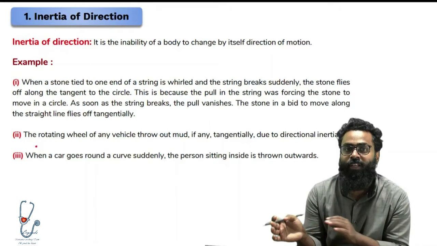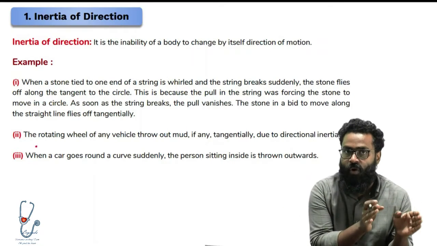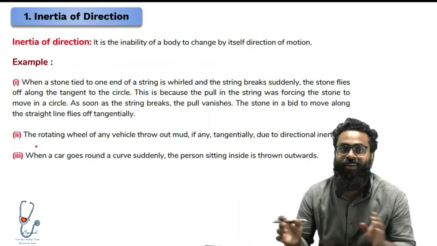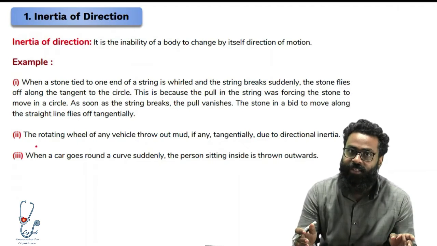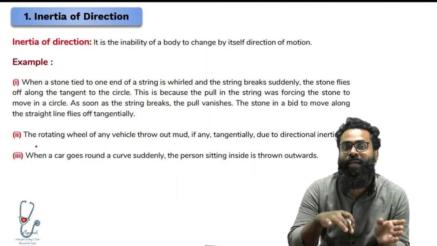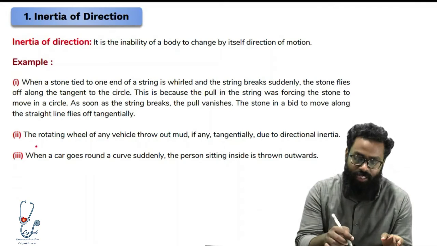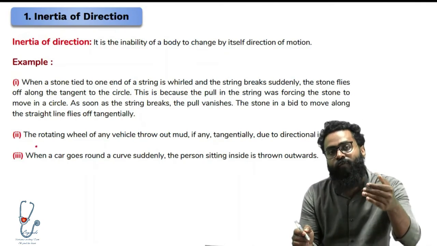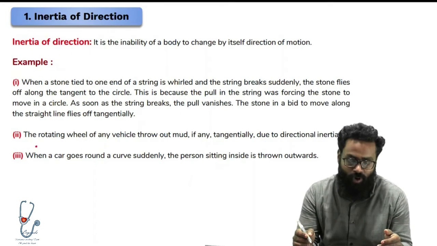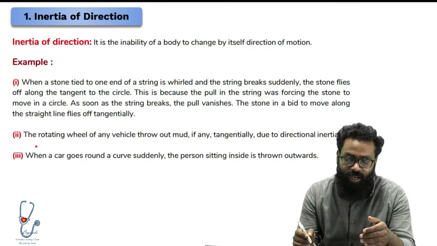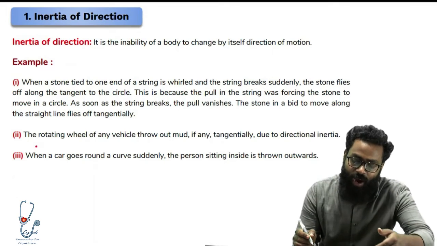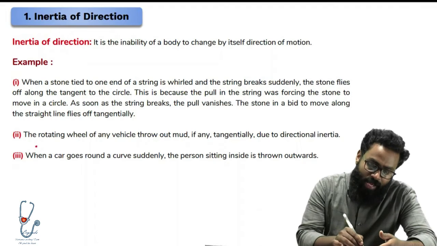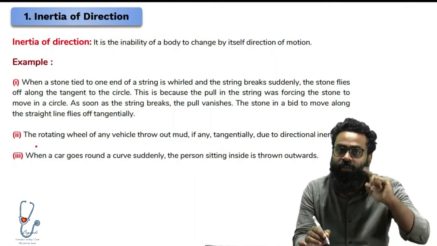The next one is inertia of direction. We have already discussed inertia of rest and inertia of motion. The third one is inertia of direction, which means a body cannot change its direction by itself. It is the inability of a body to change by itself its direction of motion. Examples are given below. When a stone tied to one end of a string is whirled and the string breaks suddenly, the stone flies off along a tangent of the circle.